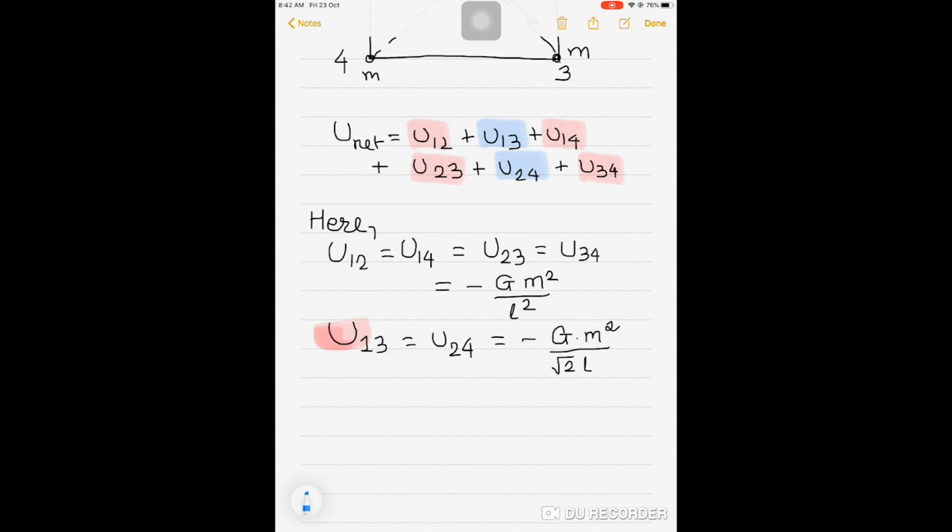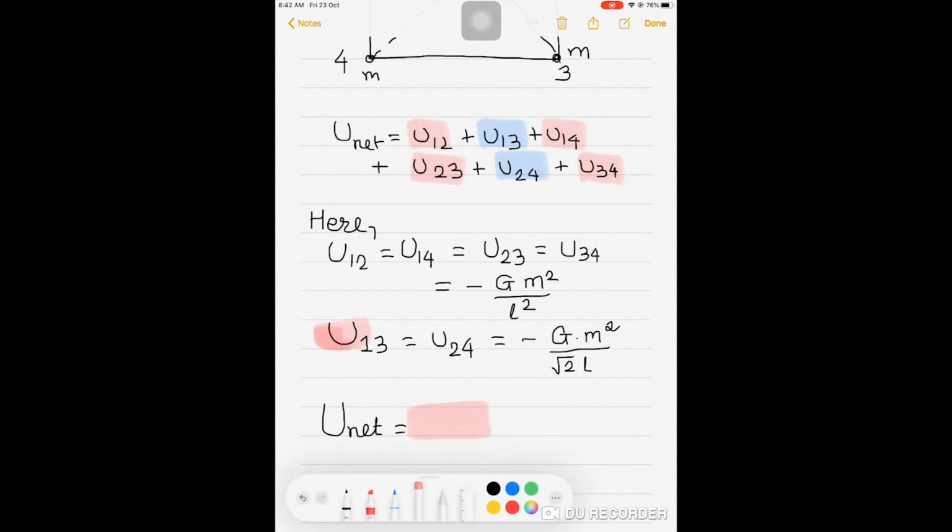When we add them up, we get U net, the net potential energy, by adding this same type of arrangement plus another same type of arrangement.